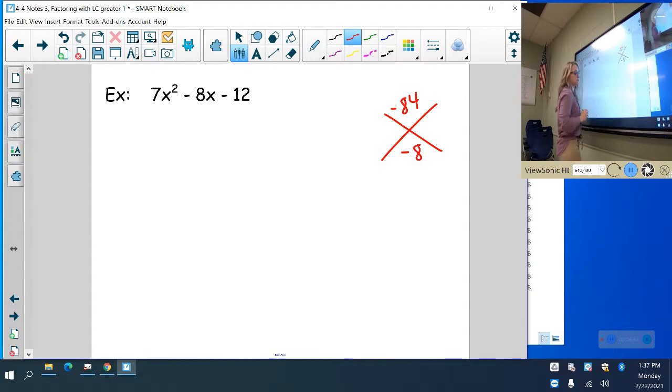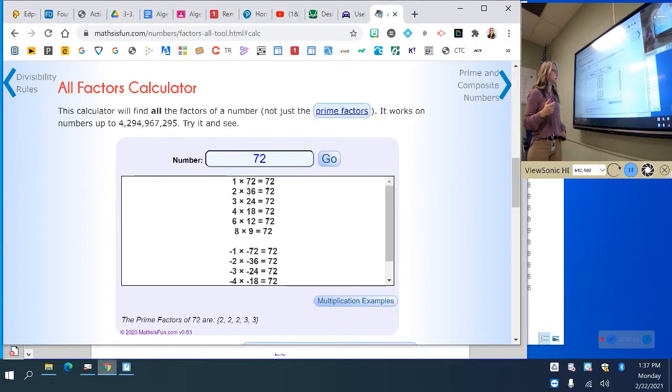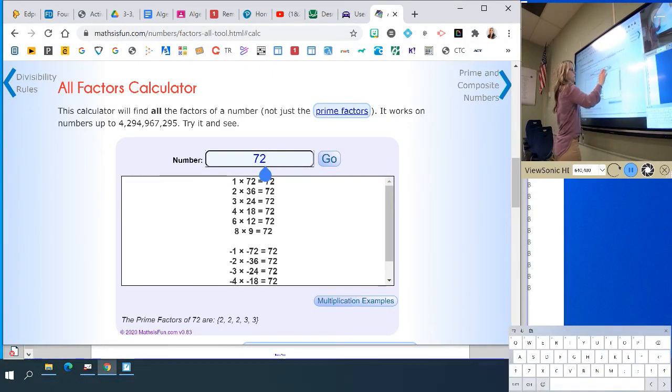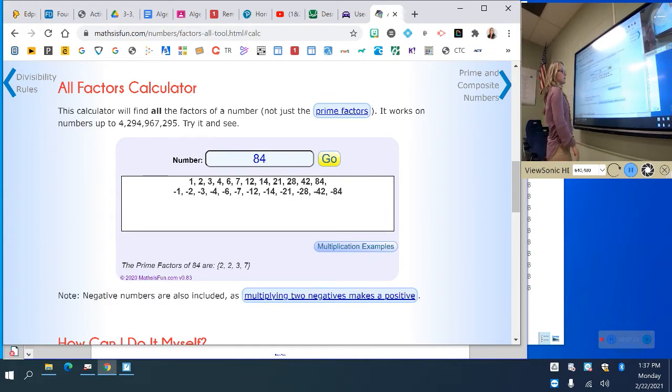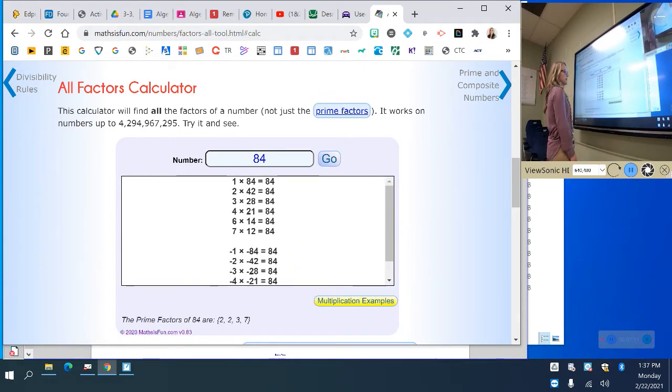And I'll go ahead and use the factor finder for you so that we can make sure we get all the factors. 84, I could probably figure them out, but we'll get them just in case. So we'll go over here and we'll find 84. And it lists them, but I'm going to show it in multiplication example.